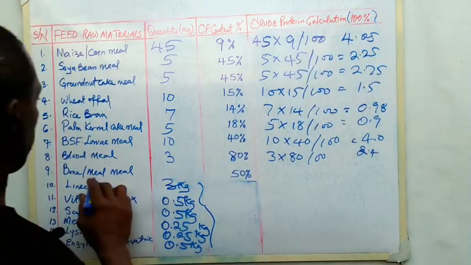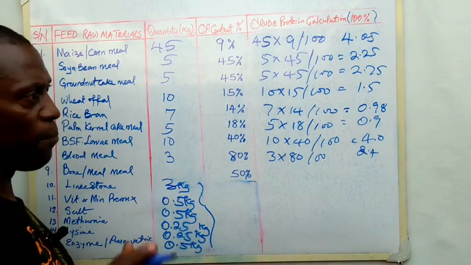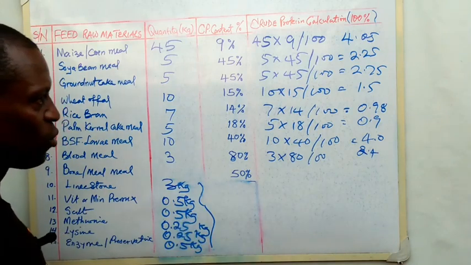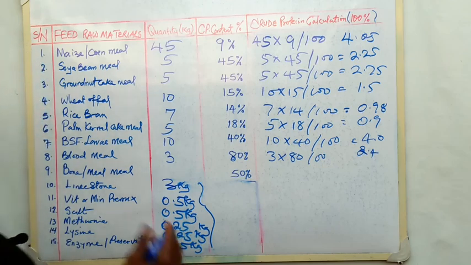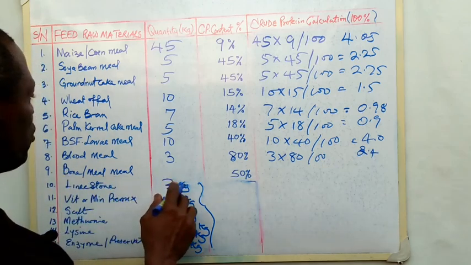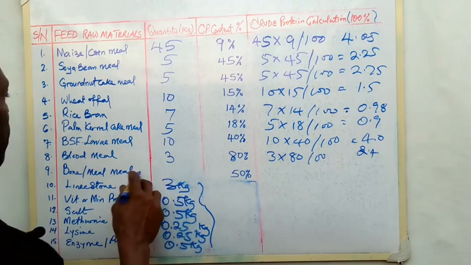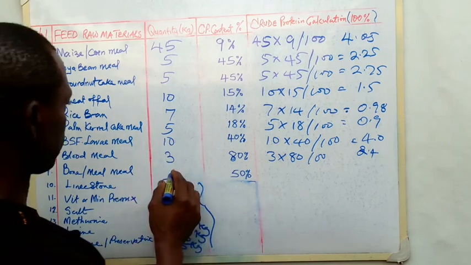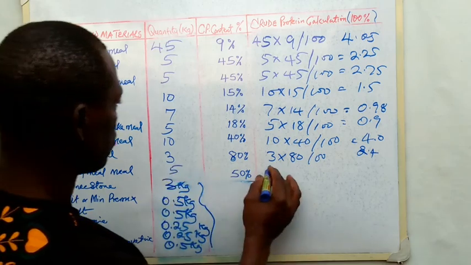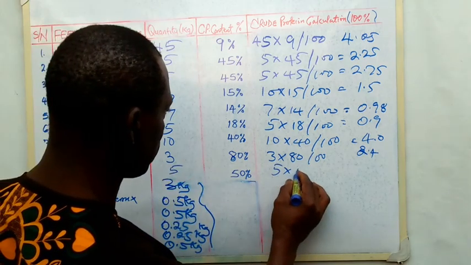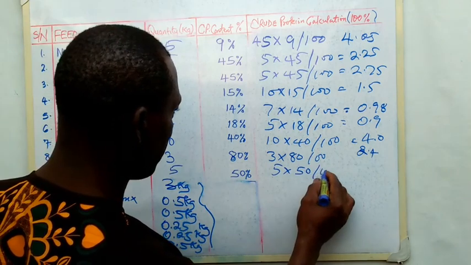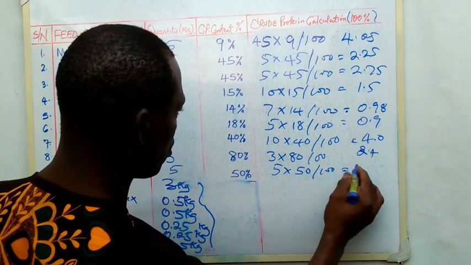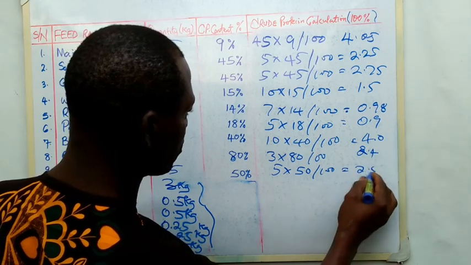Next one is meat and bone meal. For meat and bone meal here, we are using 5 kg. This will give us 5 times 50 divided by 100, which equals 2.5.